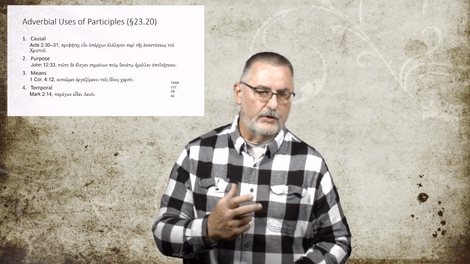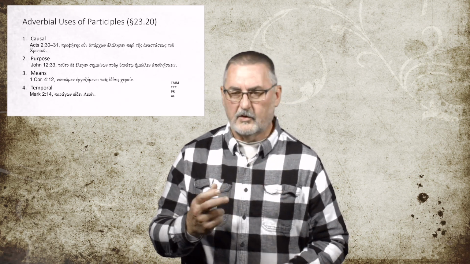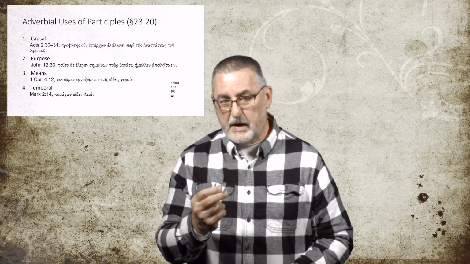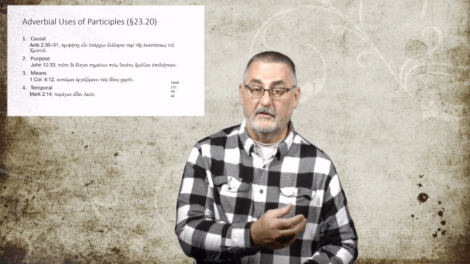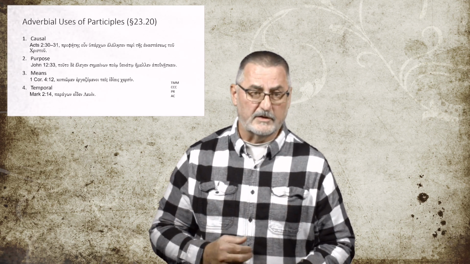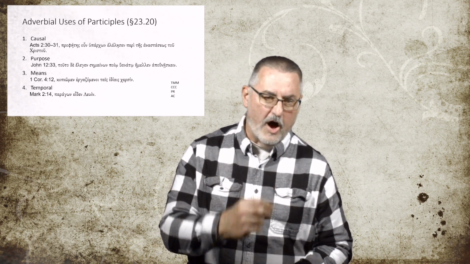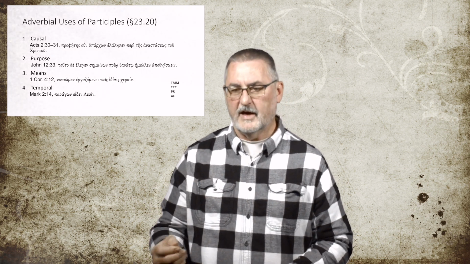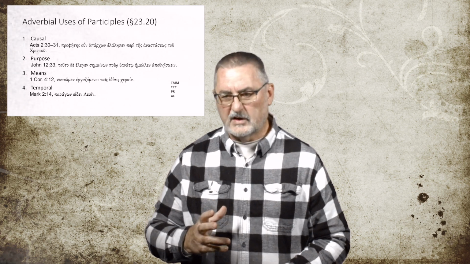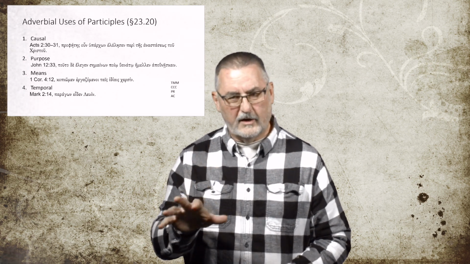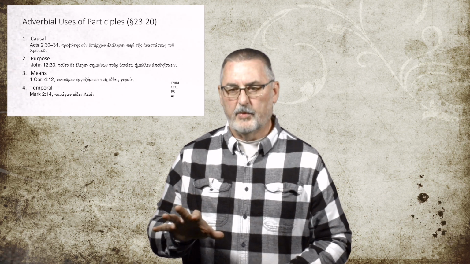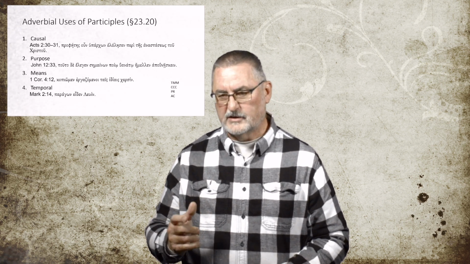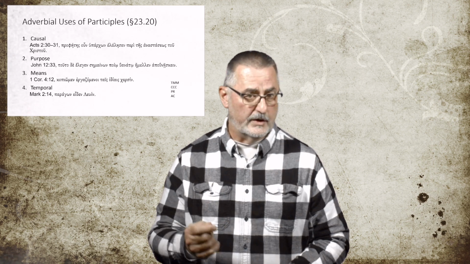And so Acts 2:30-31 talks about, therefore, being a prophet, existing as a prophet, he spoke about the resurrection of Christ. Because he was a prophet, that's kind of the causal nuance. And these nuances come not hardwired into what a participle is, but they come from context. But one of the nuances that is possible is that of cause.